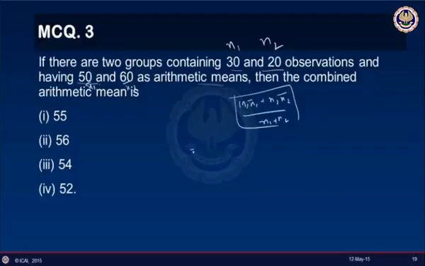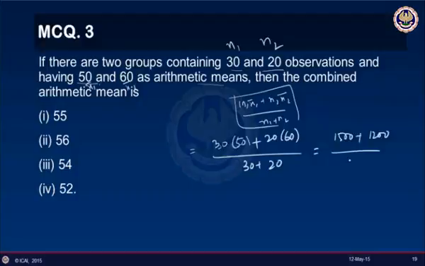Applying this formula, it is 30 into 50 plus 20 into 60, divided by 30 plus 20, which is equal to 1500 plus 1200 by 50, since 30 plus 20 is 50.